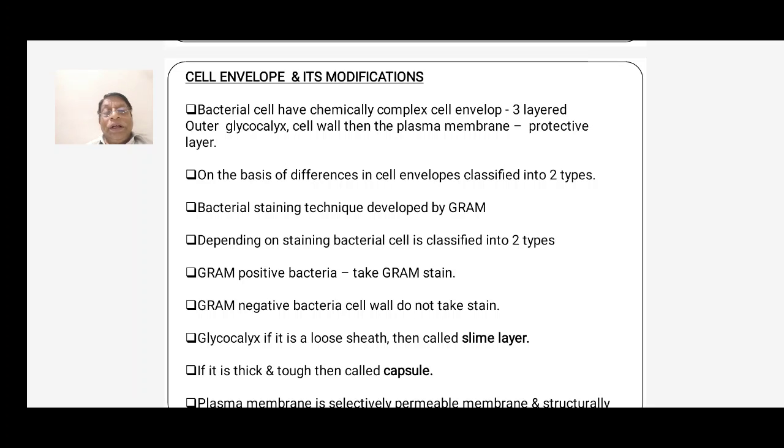Next, the glycocalyx differs in composition and thickness in different bacteria.